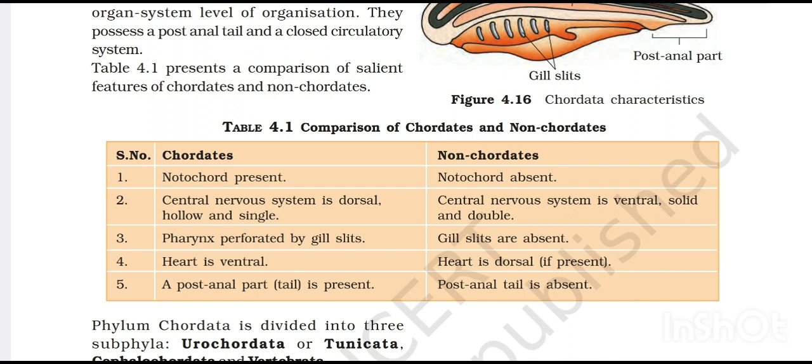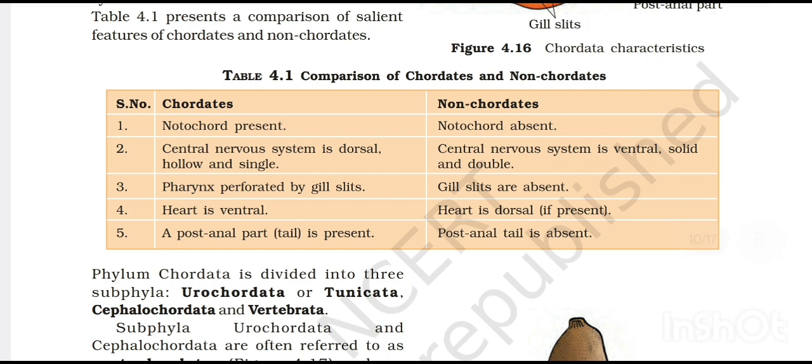Then in chordates pharynx is perforated by gill slits, but in non-chordates gill slits are totally absent. Then in chordates the heart is ventral, but in non-chordates heart is dorsal. Then in chordates the post-anal part or tail is present, but in non-chordates post-anal tail is absent.